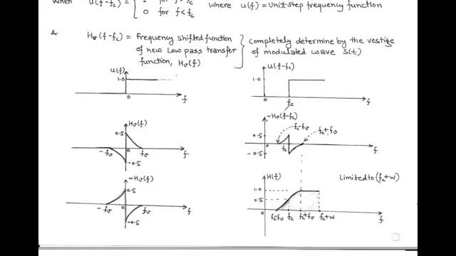And at point fc plus fv, the amplitude level is 0 for the odd symmetric function, but there is a unit amplitude level for the unit step shifted function. So after adding, we get a unit amplitude level at point fc plus fv.